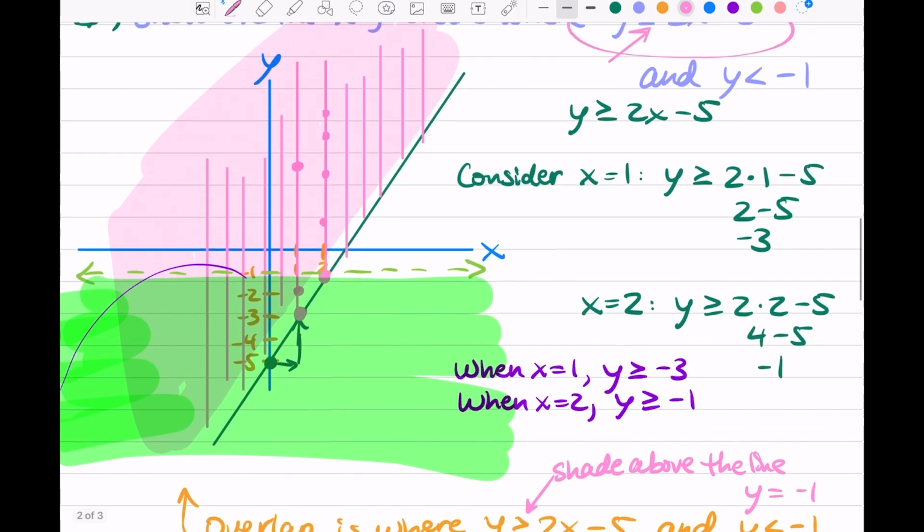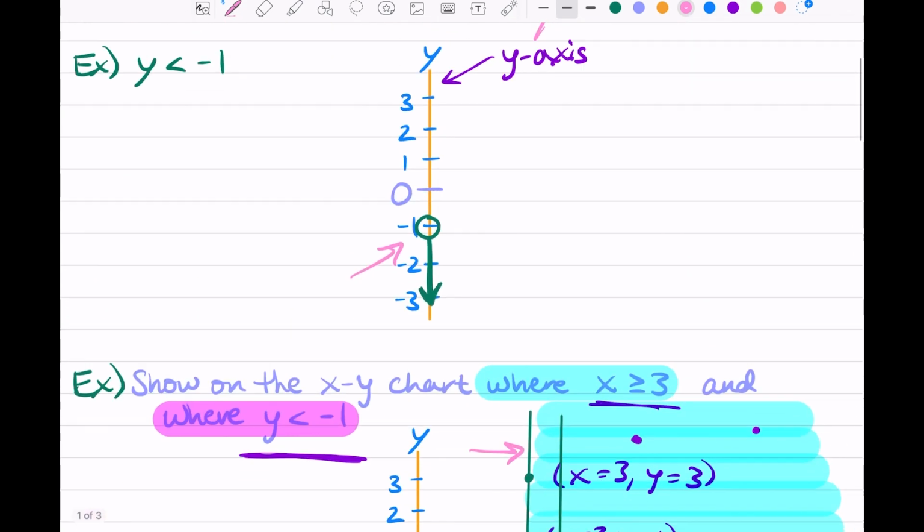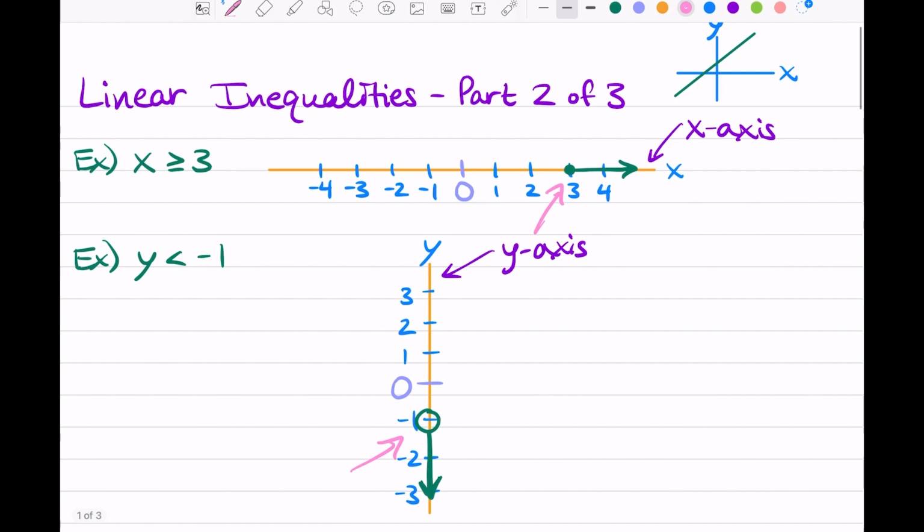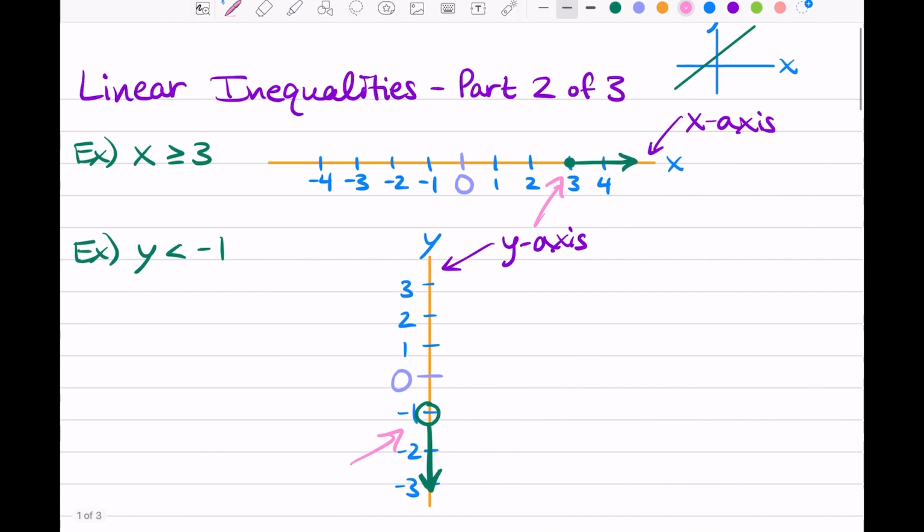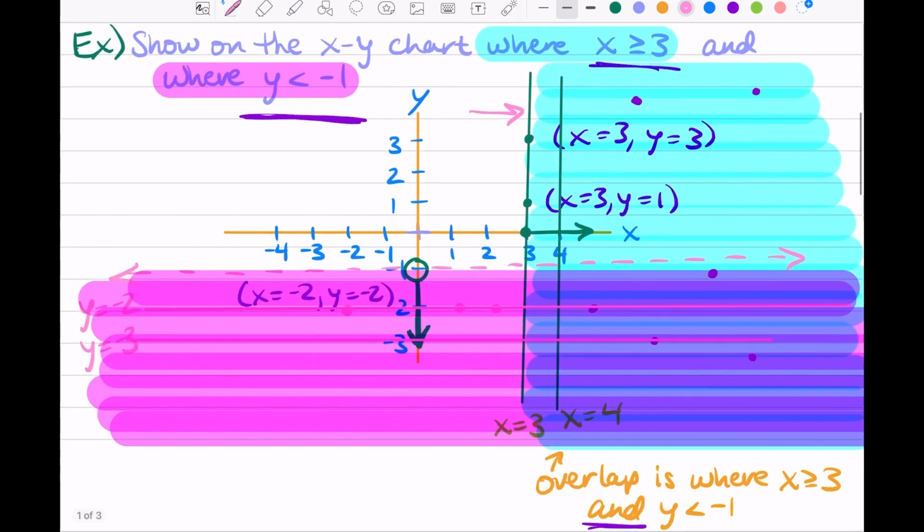So think about how we started with just the x-axis and the y-axis. And when we combined them, we're kind of expanding them. With the first example, we expanded it up and down with our blue region, just to incorporate all the possible y's. Because everywhere up and down, x is still equal to 3 or greater than 3, but we just have some different y's going on.